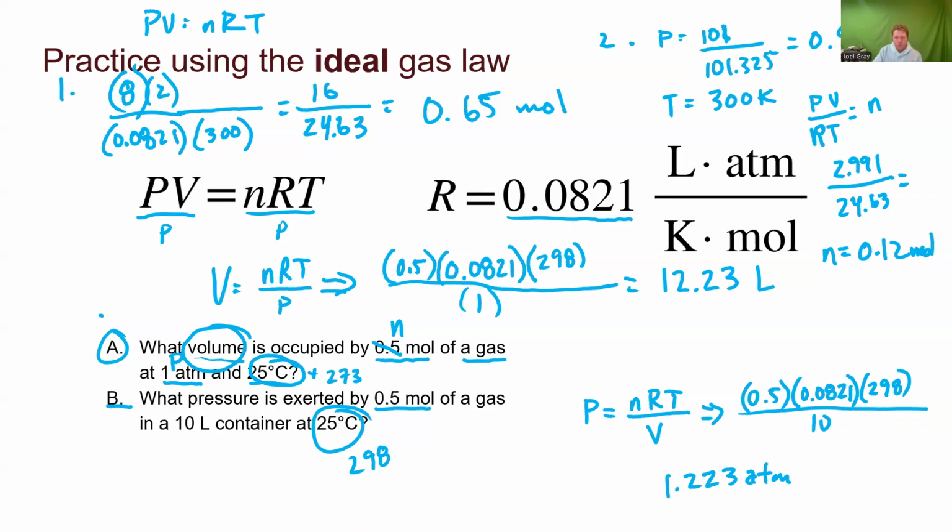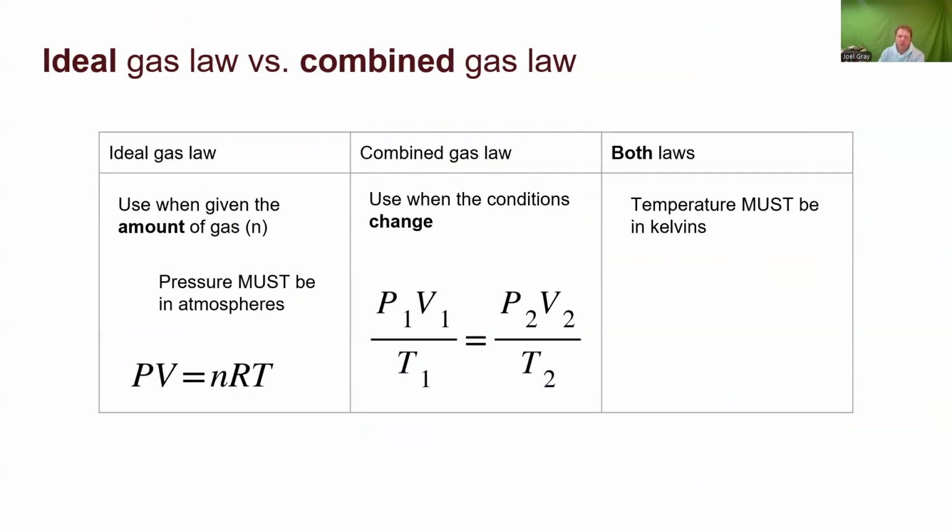And now I just want to do a little bit of reflection. And that is, we've got the ideal gas law and we've got the combined gas law. The ideal gas law is when you're given basically everything. So when the amount of gas, n, or the amount of moles of a gas is provided, and you are really just trying to solve one unknown, but you've got the other 3.